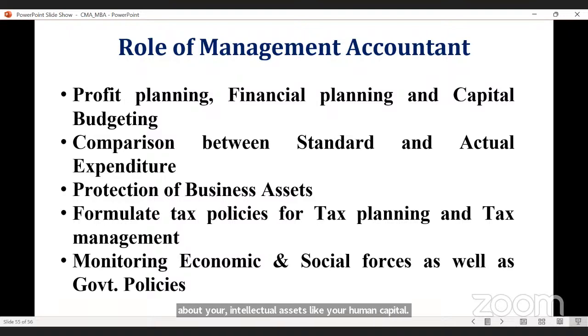So the management accountant has an important, we can say one of the crucial roles, to protect the assets of the business. Various assets are there, so assets need to be protected by the management accountant.